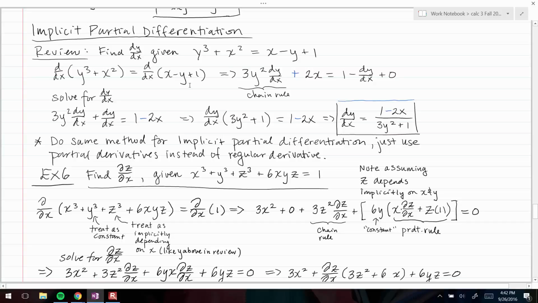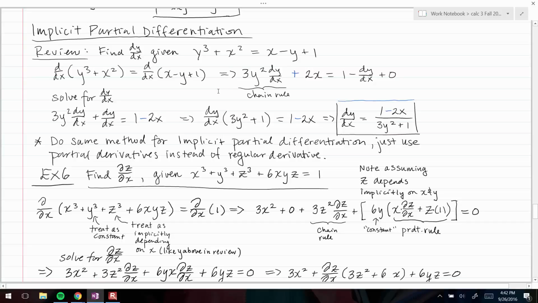When you take its derivative, it's analogous to taking the derivative of the outer function, and you get 3y squared. And then you need to remember to multiply by dy over dx, because in the chain rule we multiply by the derivative of the inner function.